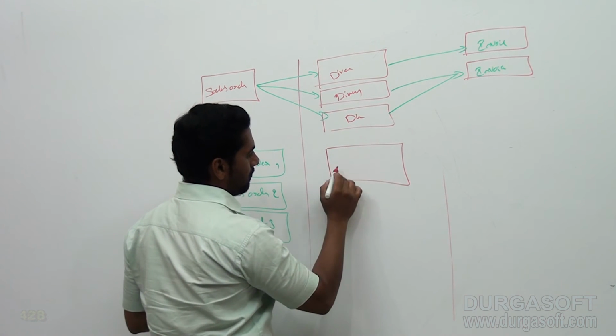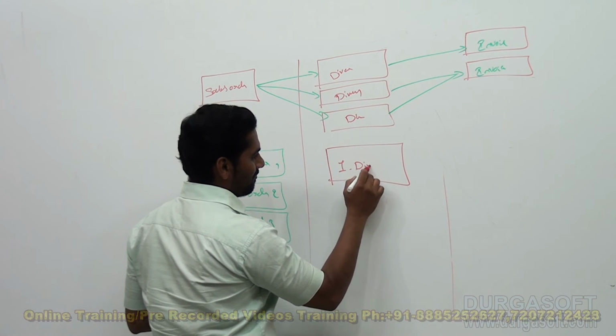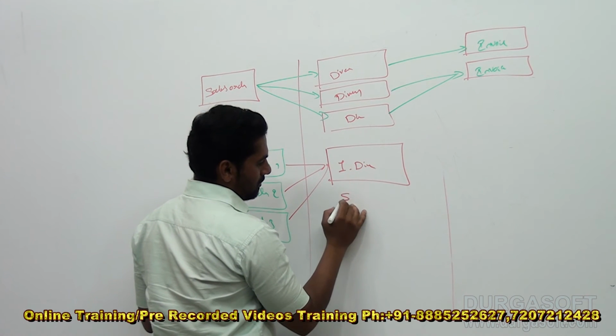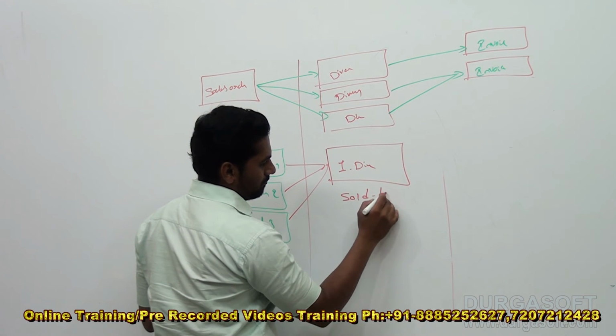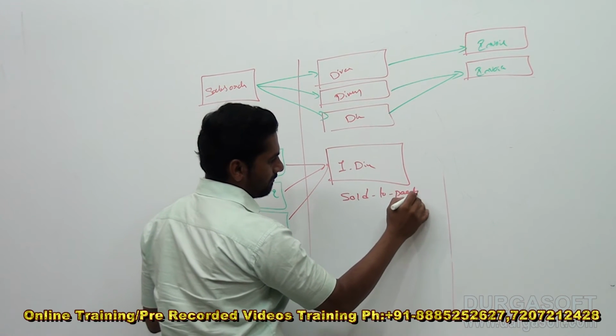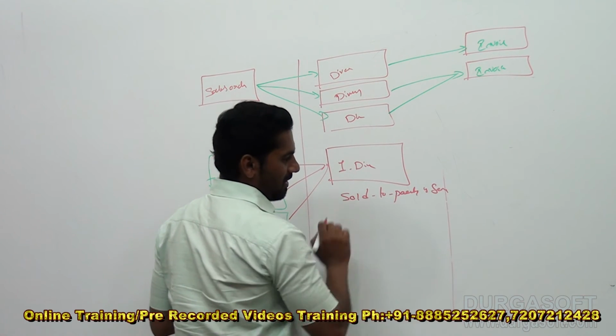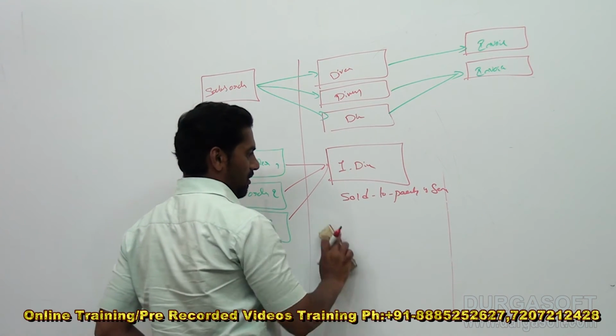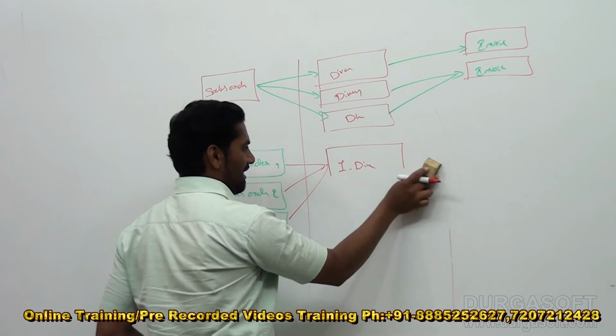Because the sold to party is the same, that is one option. If you want to do multiple sales orders, in that case we can do multiple deliveries.